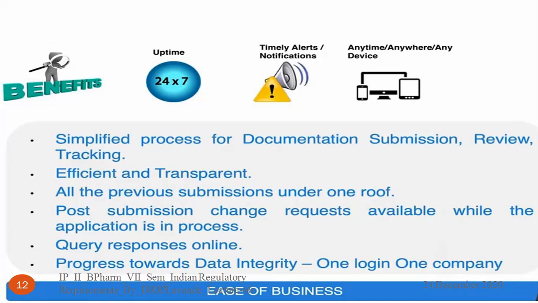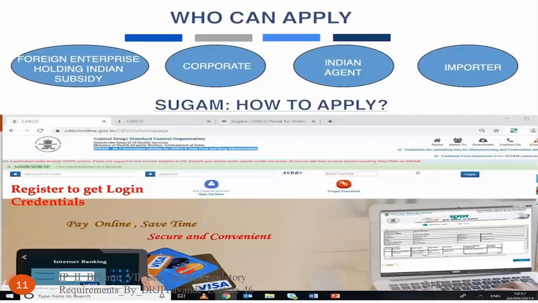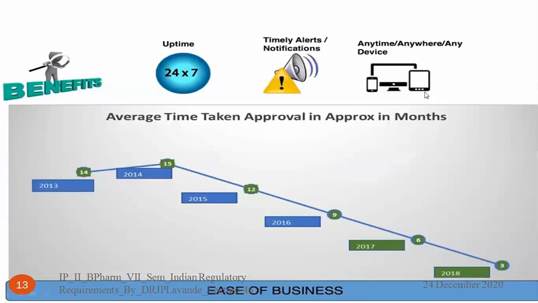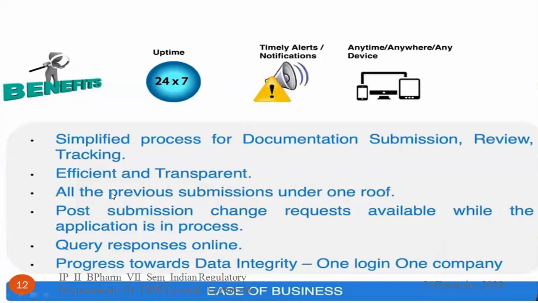So it is a simplified process for documentation, submission, review, and tracking. The processes are efficient and transparent. All the previous submissions came under one roof, as I already told you, all these 1, 2, 3, 4, 5, 6, 7, 8, 9, 10, so all these 10 kinds of applications can be made at one place. Post submission change requests are available while the application is in progress.